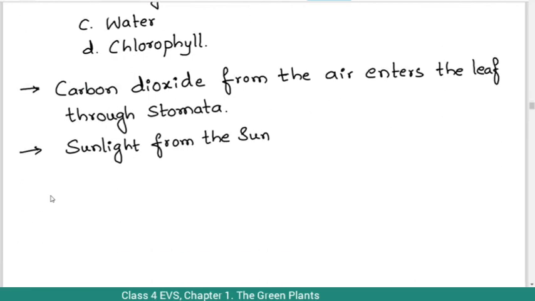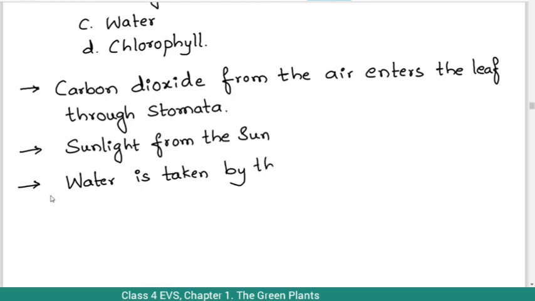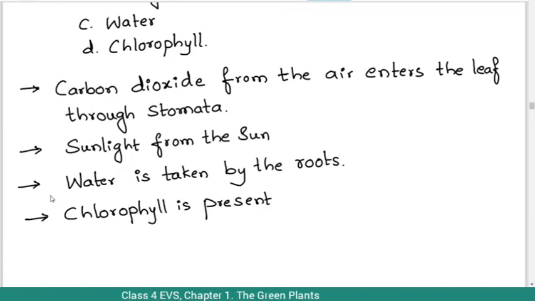Where does the plant get water? Water is taken by the roots from the earth. And chlorophyll is present in the leaf.